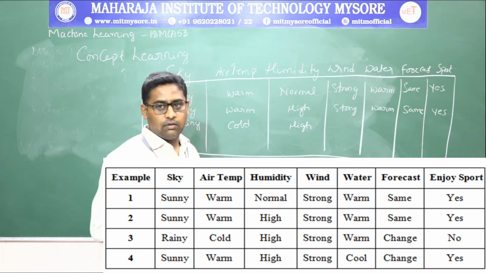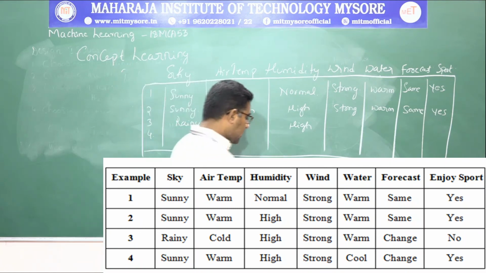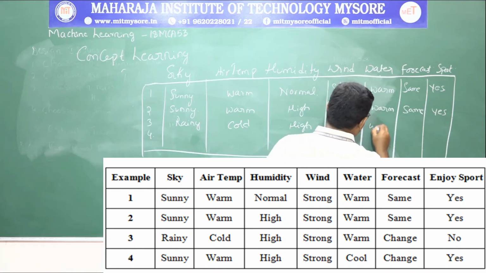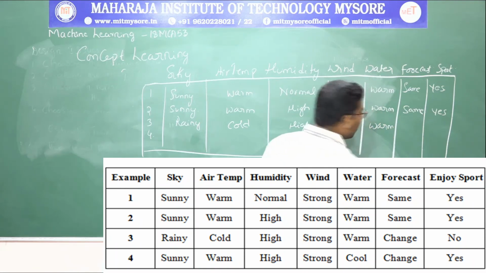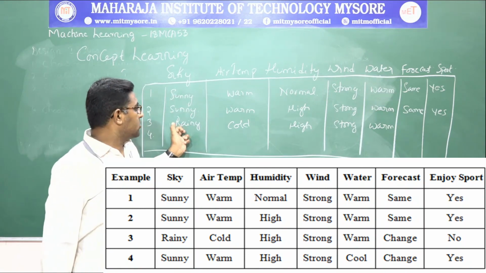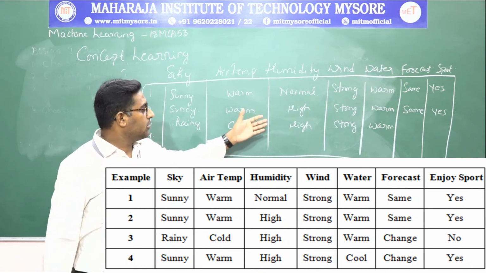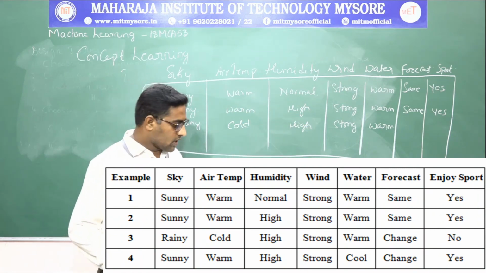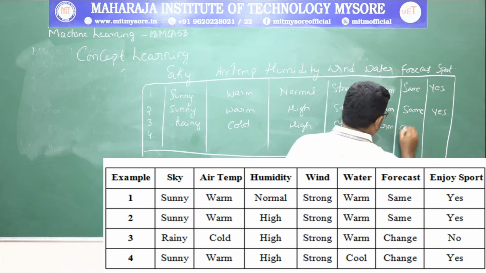Next, what will be the status of the wind? You can say that wind will be strong again, and the water will be warm. So sky is rainy, air temperature is cold, humidity is high, wind is strong and water is warmer. The forecast will say yes, it is changed.